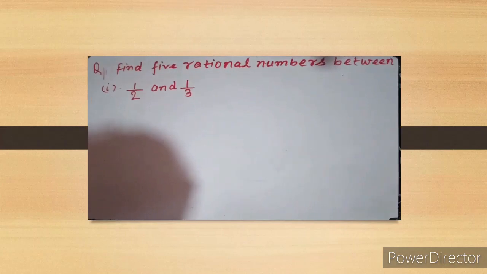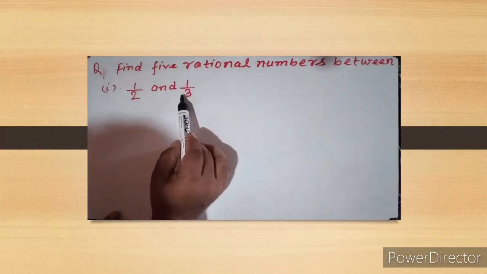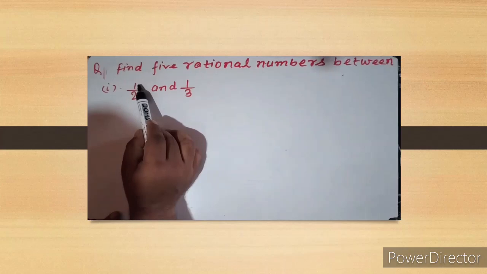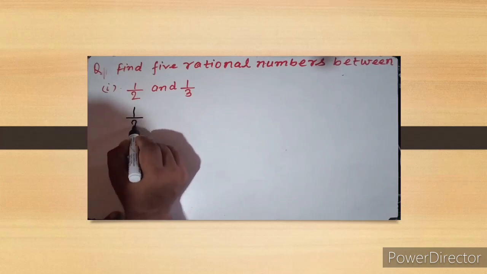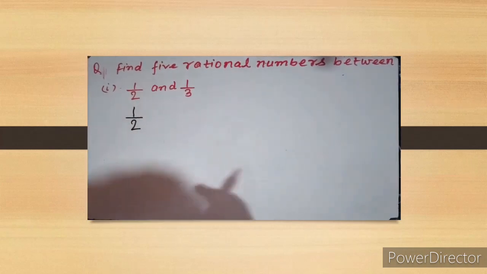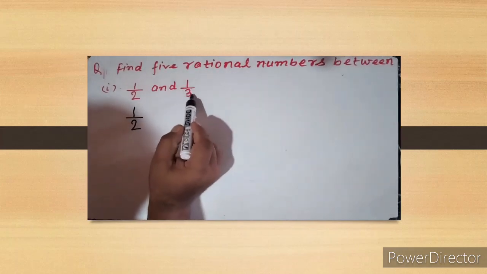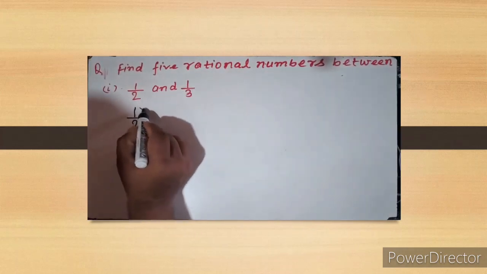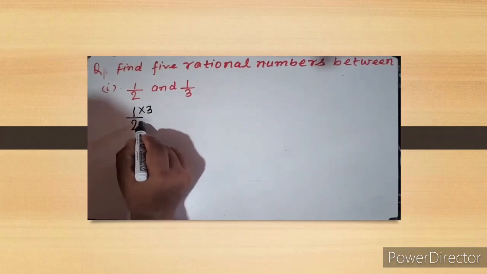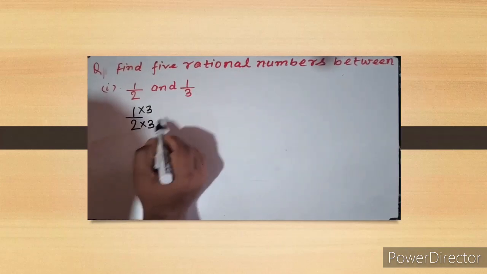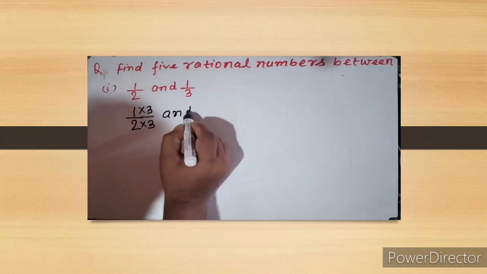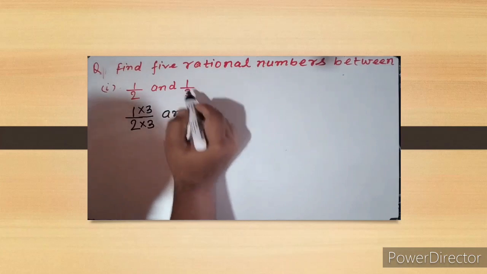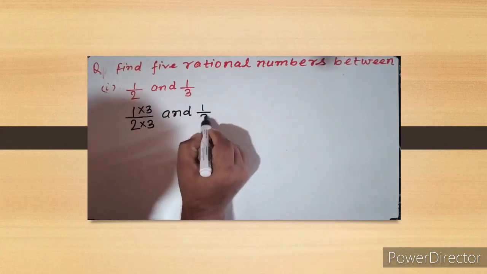I have convinced you a technique. You will take the denominator of this one rational number and you will multiply this one rational number's numerator and denominator. Like I have written over here 1 by 2. You will take this denominator which is 3 and you will multiply this numerator by 3 and this denominator also by 3. And you will take this one rational number which is 1 by 3.